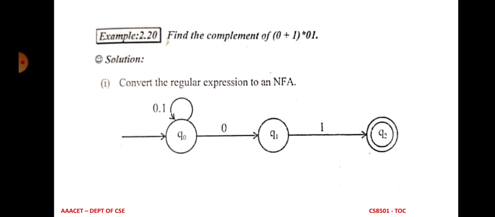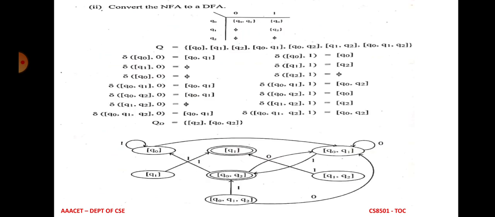In the subset construction method, the first step is to find the subsets, that is 2 power n, where n is the number of states. Here the number of states is 3, Q0, Q1, Q2. So 2 power 3 is equal to 8. So there are 8 subsets in this NFA. The set Q is the empty set, Q0, Q1, Q2, next Q0 Q1, Q0 Q2, and Q1 Q2, and the last one is Q0 Q1 Q2.